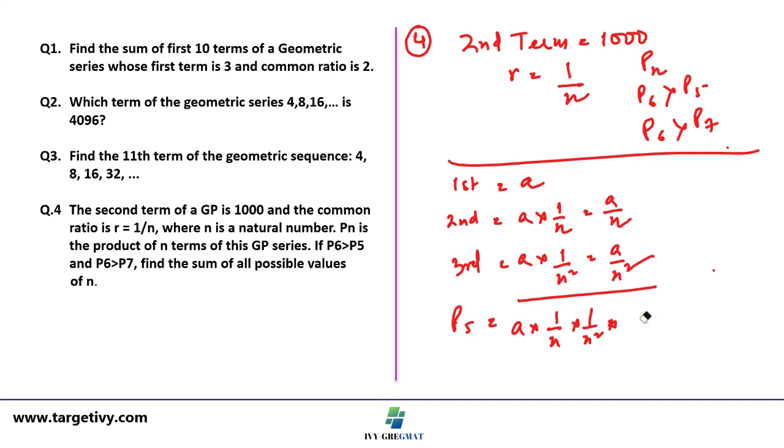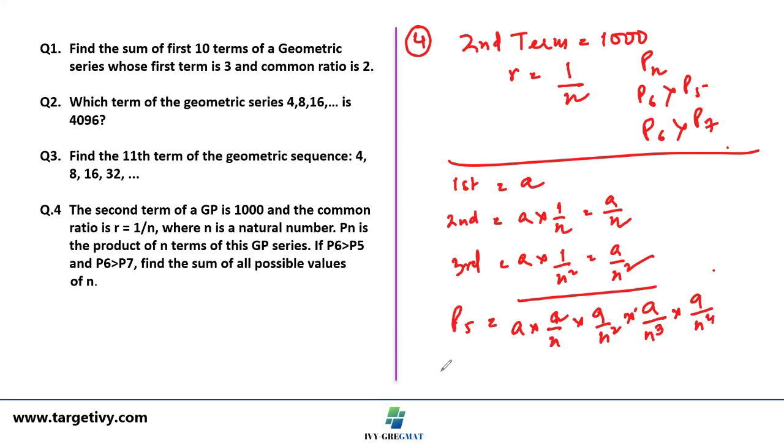A into A by n into A by n square multiplied by A by n cube multiplied by A by n to the power 4.